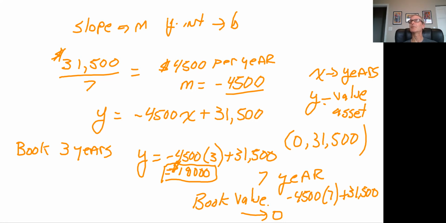So what we need to do on the x-axis, right, we want say from 0 to 10 years on our x-axis, and the y-axis, let's just say from 0 to 50,000. And so you could see that's what it looks like now. And so you could see that here's our y-intercept at 0, 31,500.